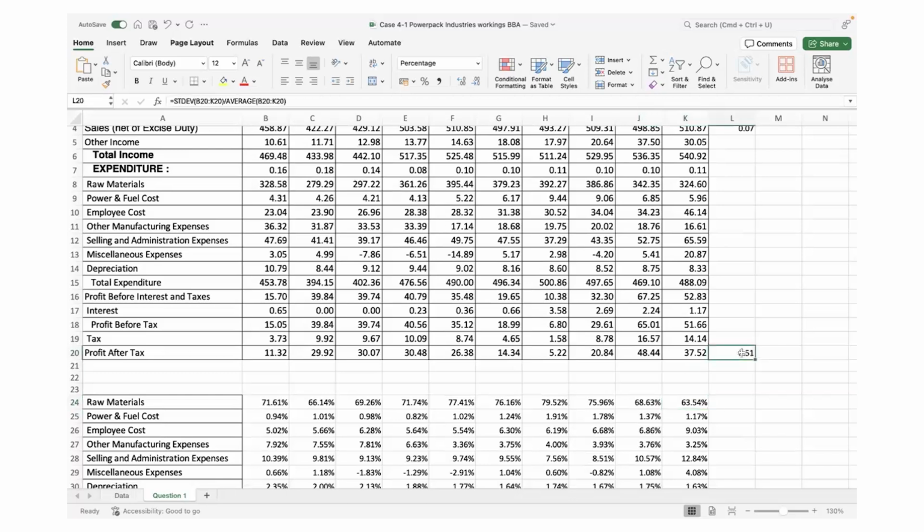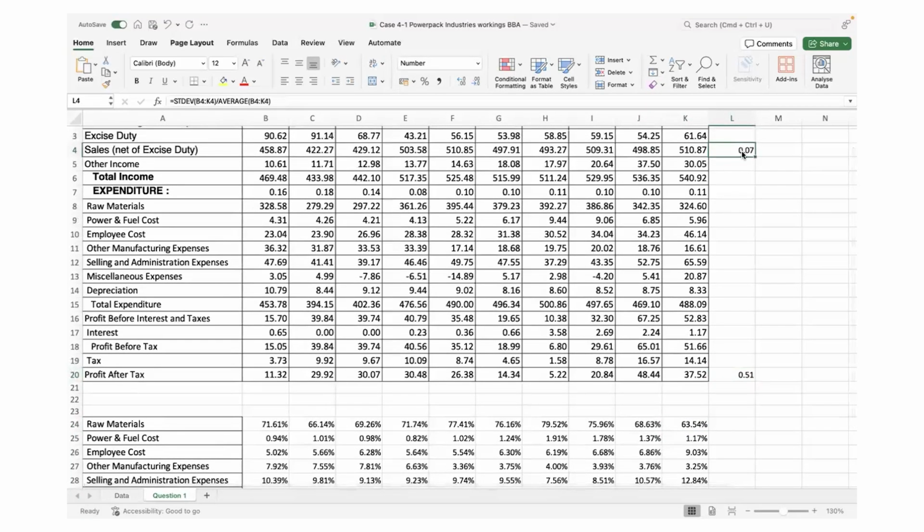By doing the same analysis of the coefficient of variation on the raw material cost, you can see it is 12. The miscellaneous number is very small, and the coefficient of variation for that cost is 12.12.